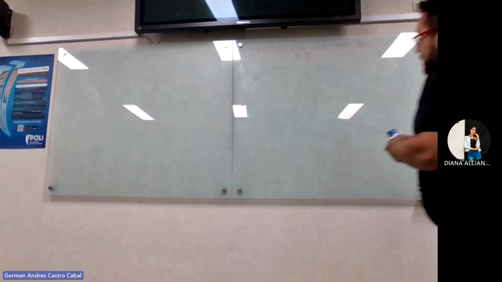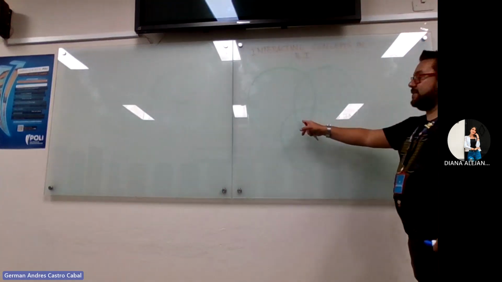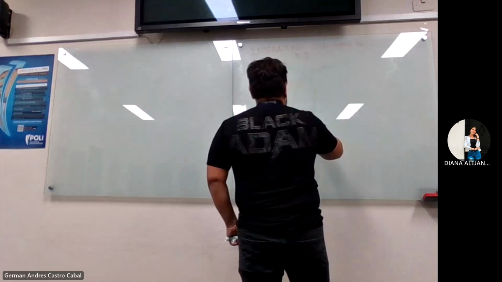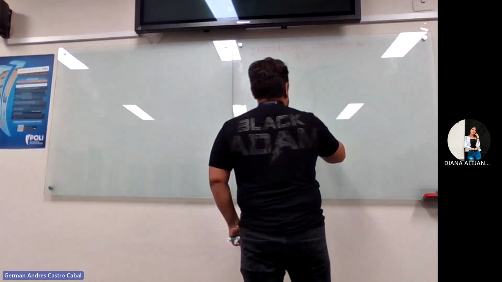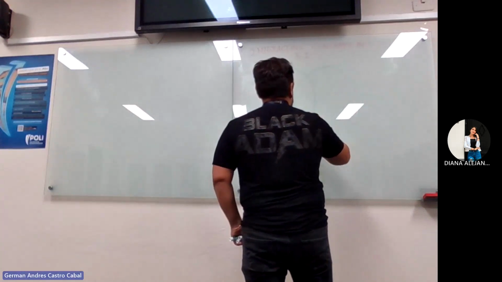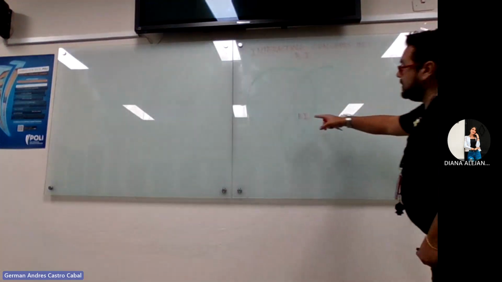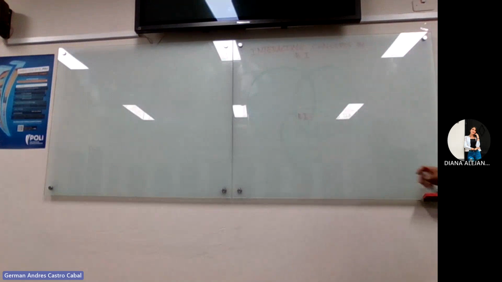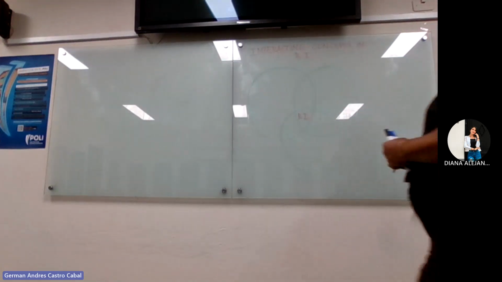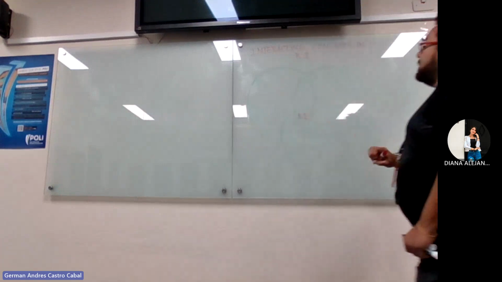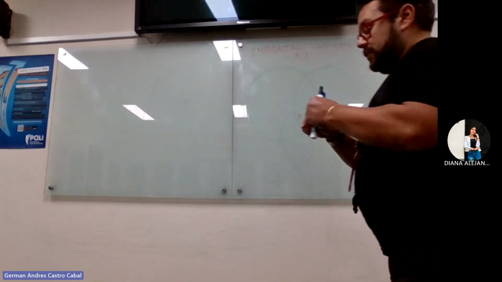So the triple intersection, this space right here, is going to be BI, or business intelligence. The main concept is going to be there in the triple intersection. But we have three main concepts that actually build this central concept.